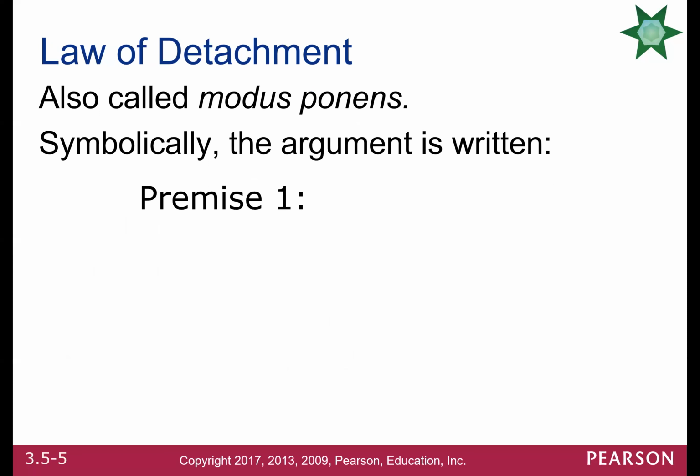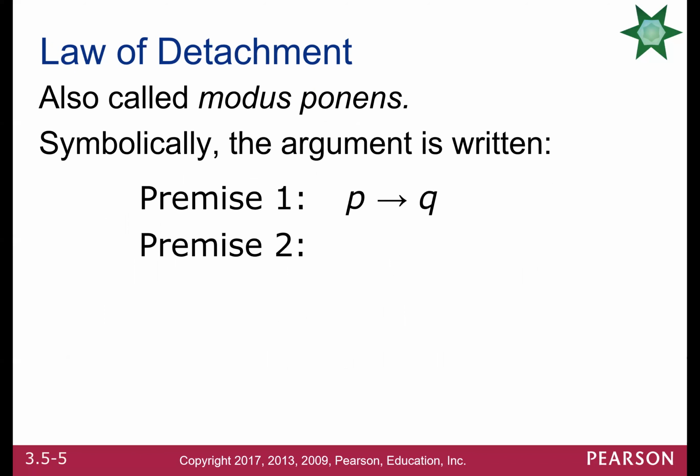Okay, so the first valid argument type we look at is called the law of detachment. This is written symbolically as follows. The first premise is in the form of a conditional, if P then Q, where P and Q are logical statements.